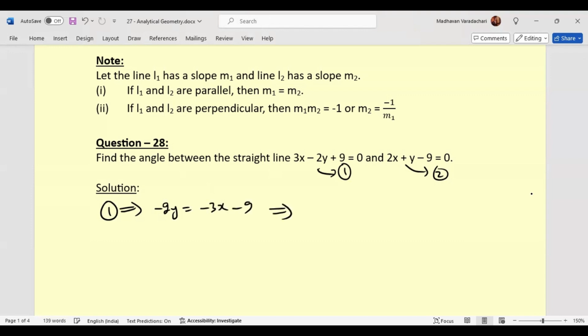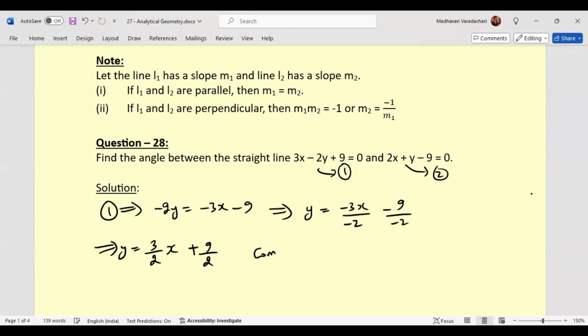Further, dividing both sides by -2, we will have y is equal to minus 3x by -2 minus 9 by -2, which is y is equal to 3 by 2 times x plus 9 by 2.